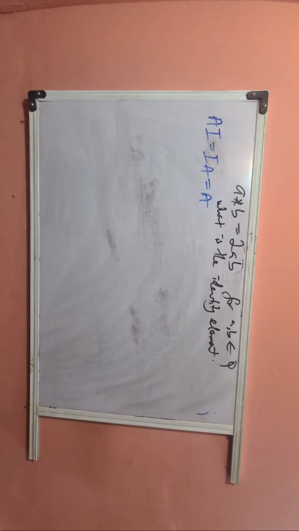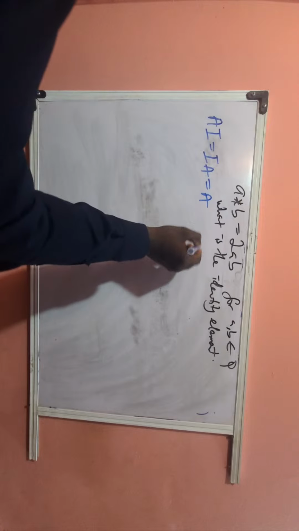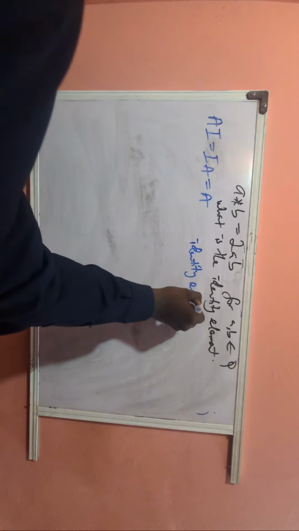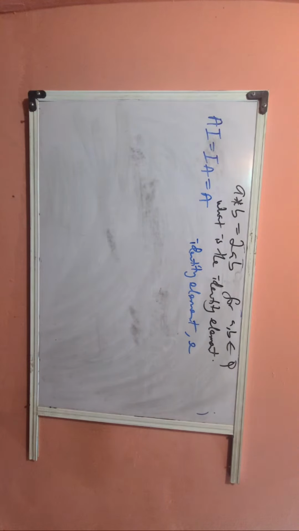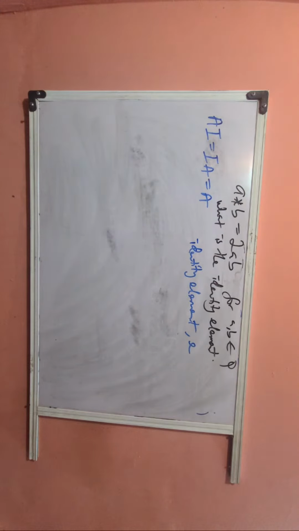Now, you're told to identify the identity element for this particular operation. So for you to have an identity element in this operation, let's call the identity element E. Let's call it the alphabet E. So we have this binary operation A star B being 2AB.